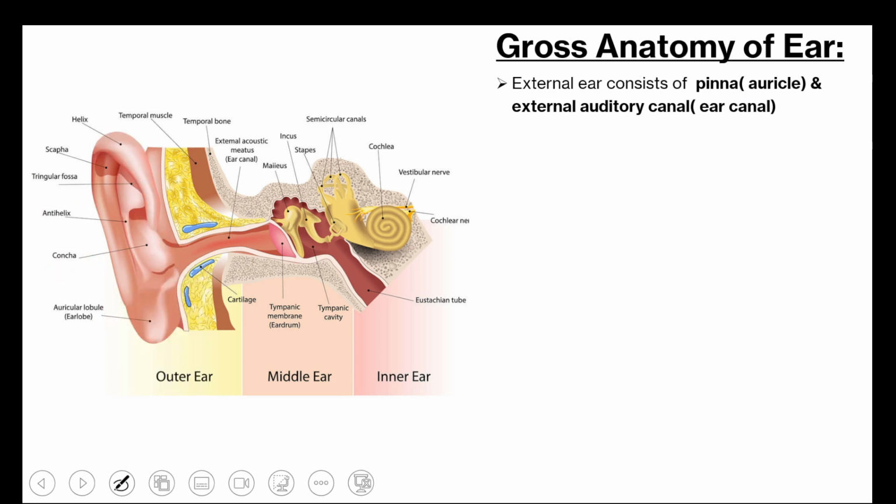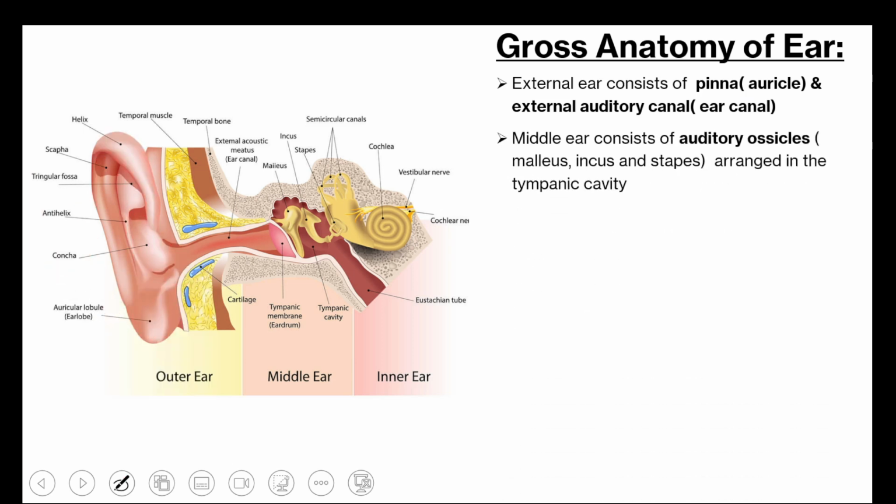And next we see the parts of the middle ear. The middle ear constitutes the auditory ossicles that are arranged within the tympanic cavity. These auditory ossicles constitute three tiny bones: the malleus, incus and stapes.